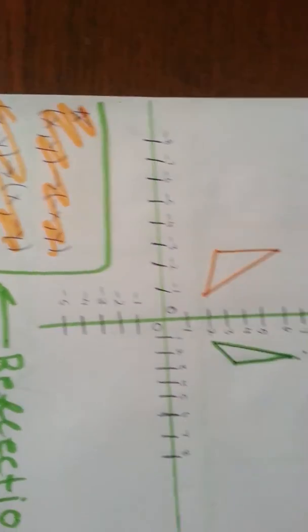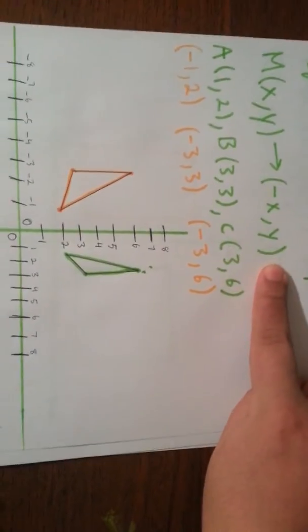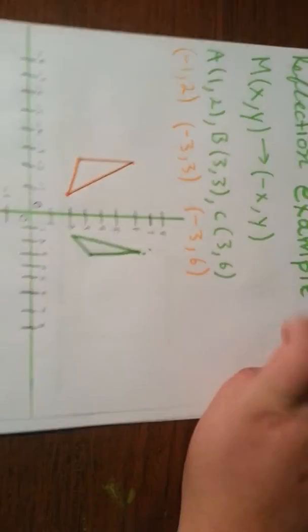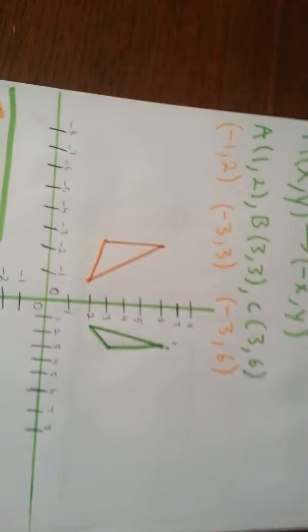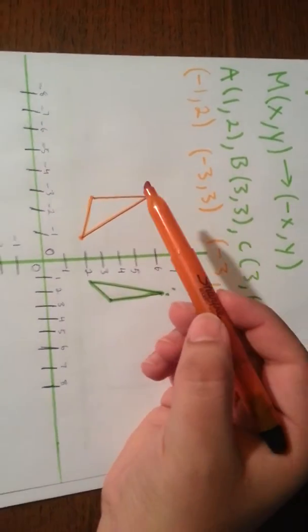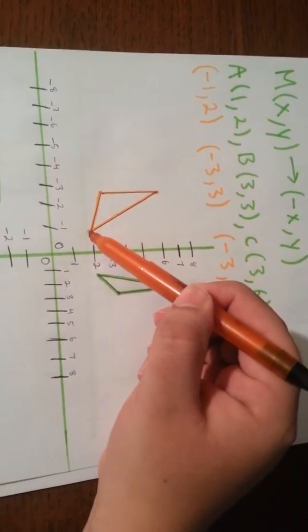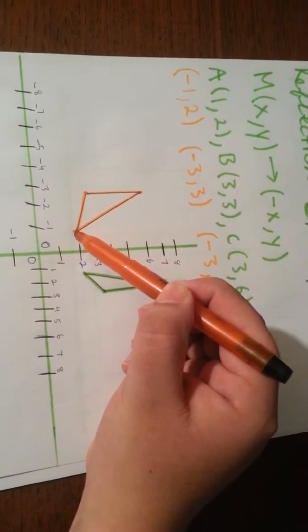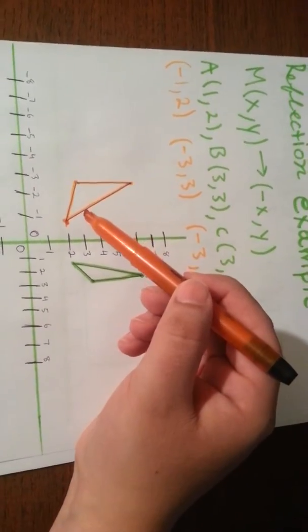That is basically a reflection. And so that's exactly what it's told to do right here. We just made x a negative and we kept the y the same. So negative 1 will be right here, and the 2, the y stays the same, so it's right here.